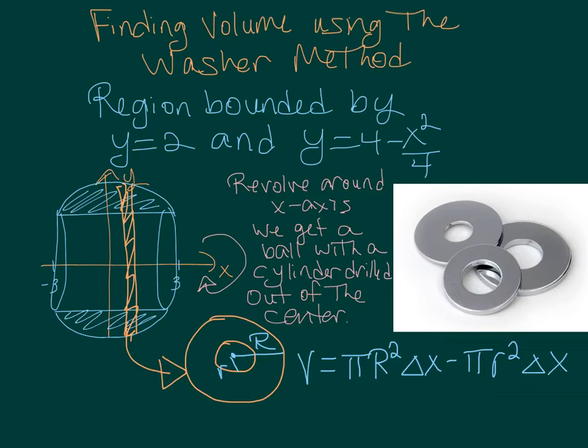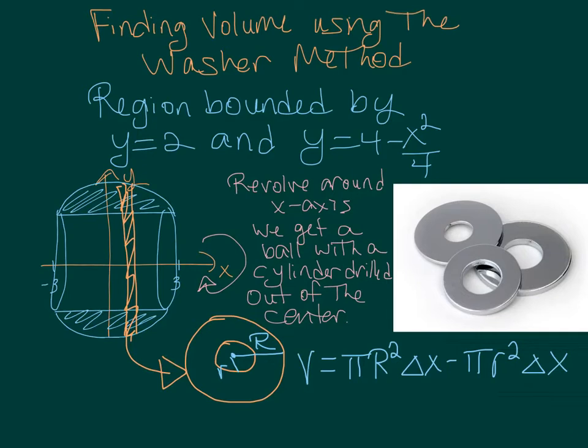And once we understand this formula for the volume of each slice, it'll be easy for us to figure out, first of all, what is the big R, what is the little r, and then second of all, we add them all up. We take the limit as delta x goes to 0, and the sum becomes the integral, and once we set up the integral, we can use our calculator to find the final answer.